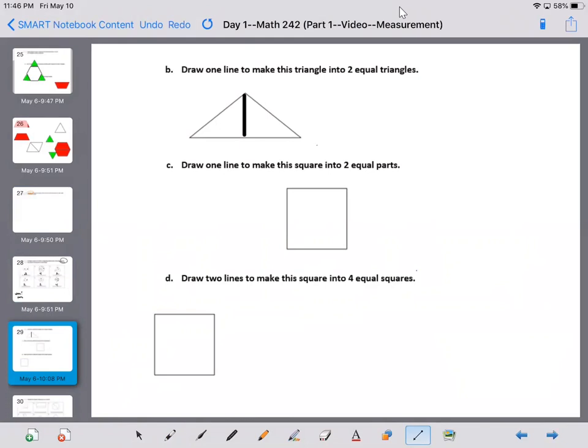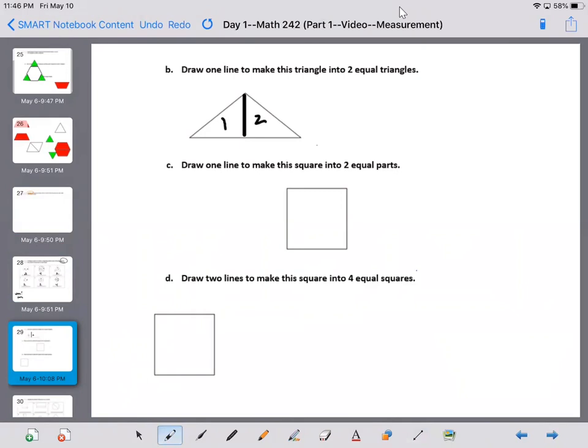It's also called an altitude. That is not terminology that they're going to be talking about, but it's certainly something that you could always use. There's nothing wrong with using terminology that they're going to hear in the future, but it did ask you to make a triangle into 2 parts, and you're just drawing a vertical line or drawing an altitude or drawing a segment that's going to subdivide this into equal parts.